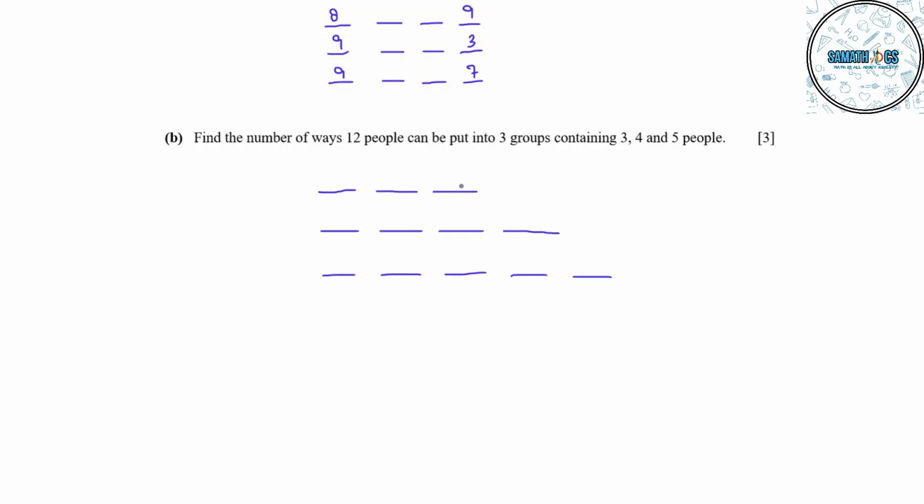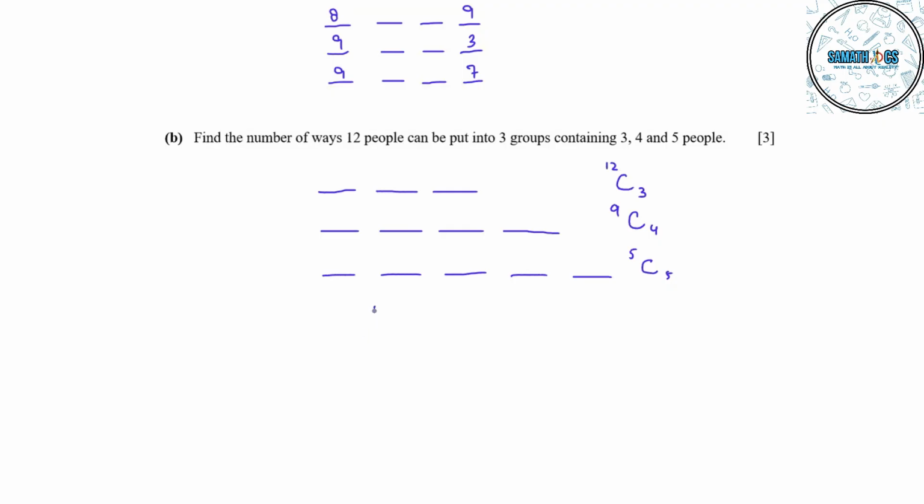In the first group, out of 12, there are 3, so 12C3. In the second group, from the remaining 9 people, we have to put 4 people, so 9C4. The remaining are 5, and those 5 people are to be kept in the third group, in which there are 5 people.